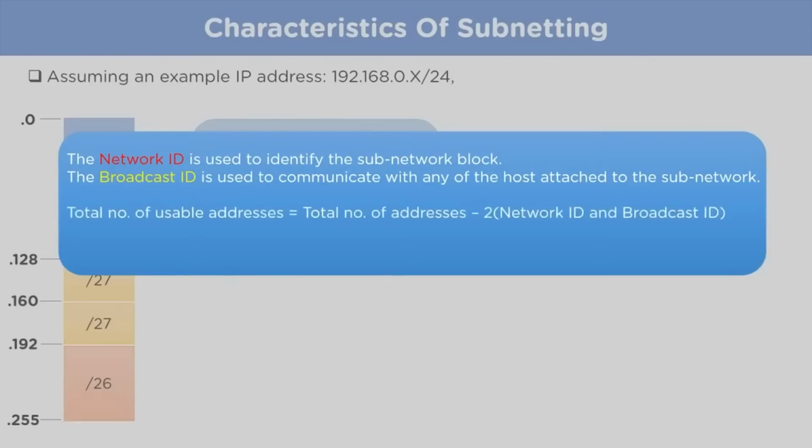That also means that the total number of usable addresses in a network block is the total number of IP addresses minus 2, that represents network ID and broadcast ID. That would be 128 minus 2, and we get the value 126, which represents the total number of IP addresses that are usable.